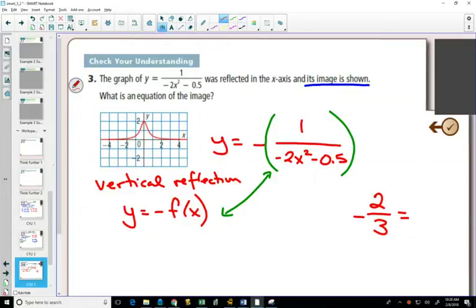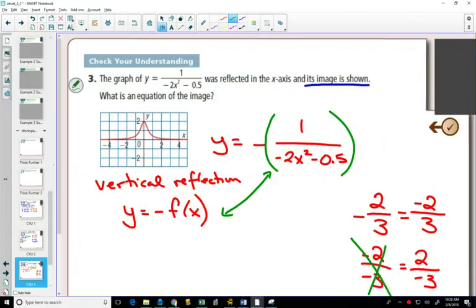Is this equal to this? Is it equal to this? Which ones of these are right? Which ones are wrong? Think about how fractions work. This one here is the wrong one, right? How do we deal with a negative out in front?